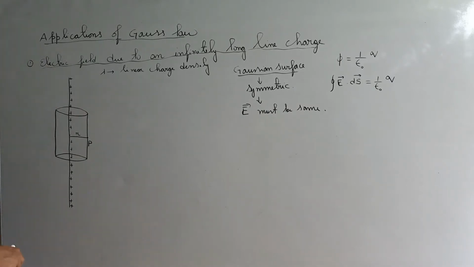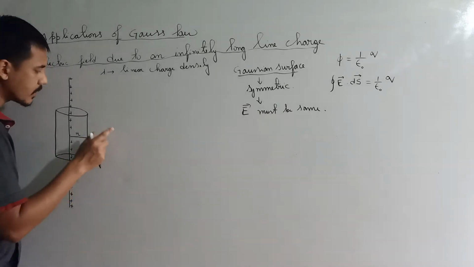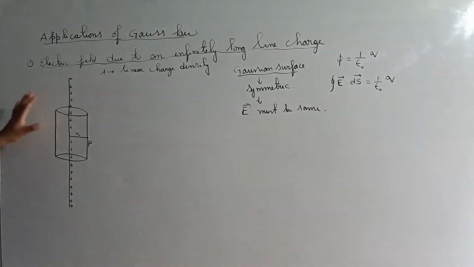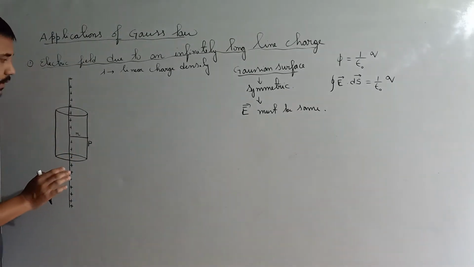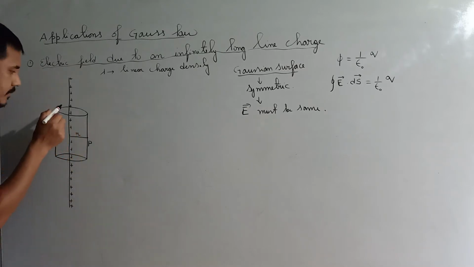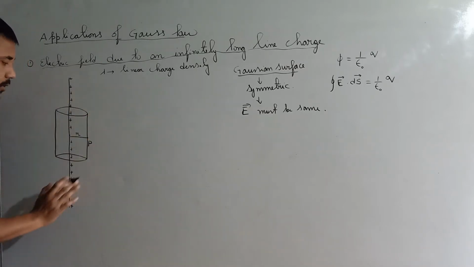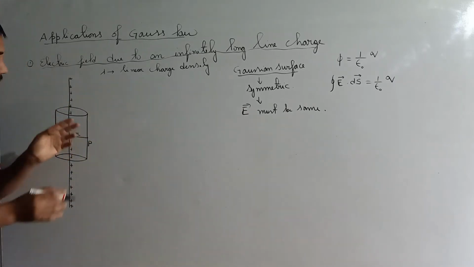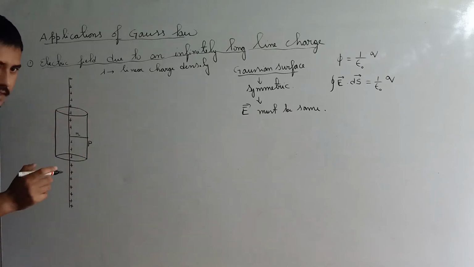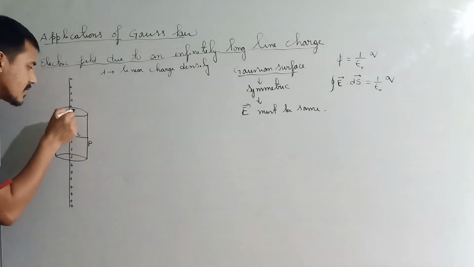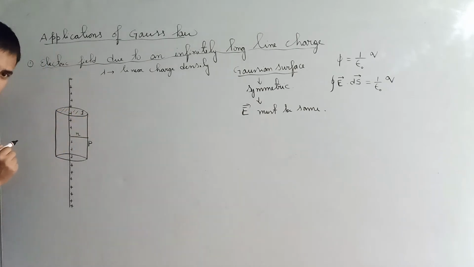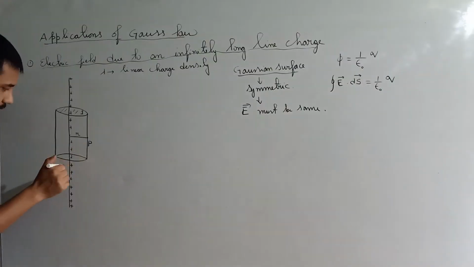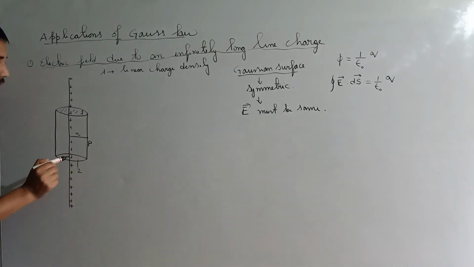Now, the total electric flux over this surface. If we consider this Gaussian surface, this closed surface, then the cylinder is divided into three surfaces. This is your first surface, surface 1. This is another surface, surface 2, and this is your third surface.